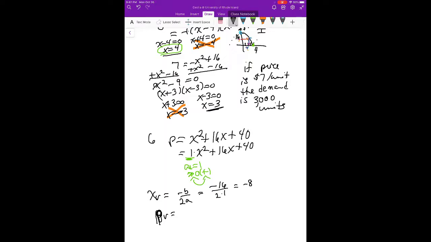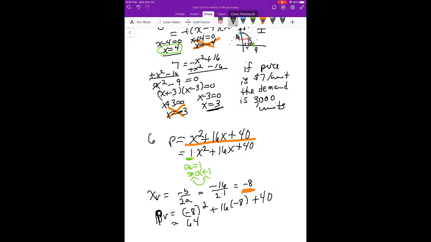Would be where the vertex is. And it's given by negative 8 quantity squared. I'm now looking at the original function. I'm going to substitute my vertex value in.